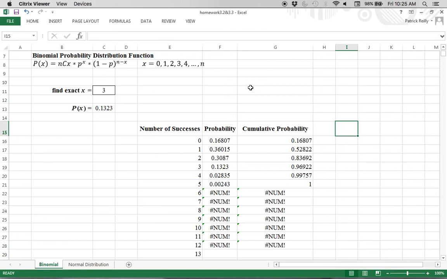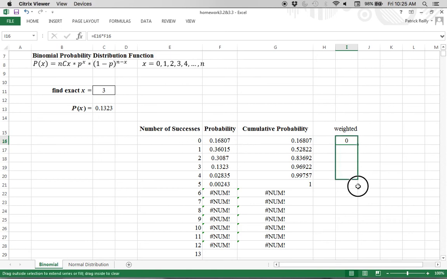We don't need to, but make a column, say weighted. We'll just call it weighted. All right, so equals the number of successes times probability of success. All right, so this is 0, obviously, because we have 0 successes times probability.